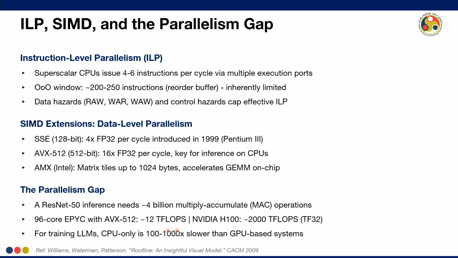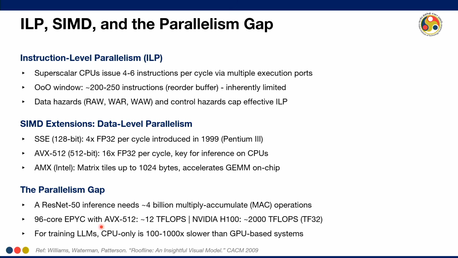We will not be able to bridge this gap only with SIMD extensions or instruction level parallelism. For training LLMs, CPU only is 100 to 1000 times slower than GPU based systems.